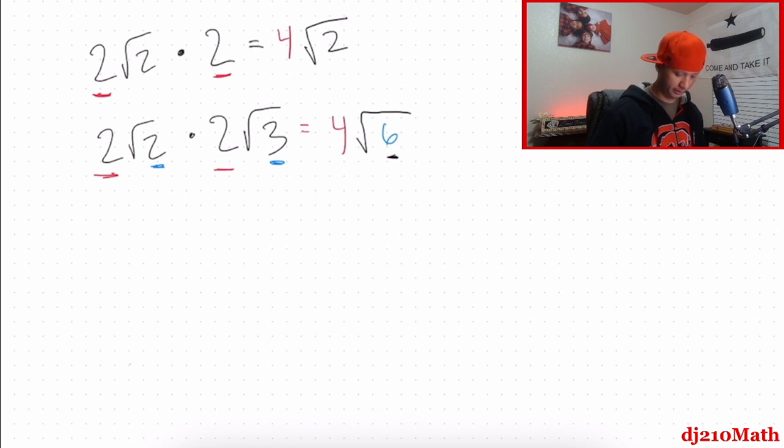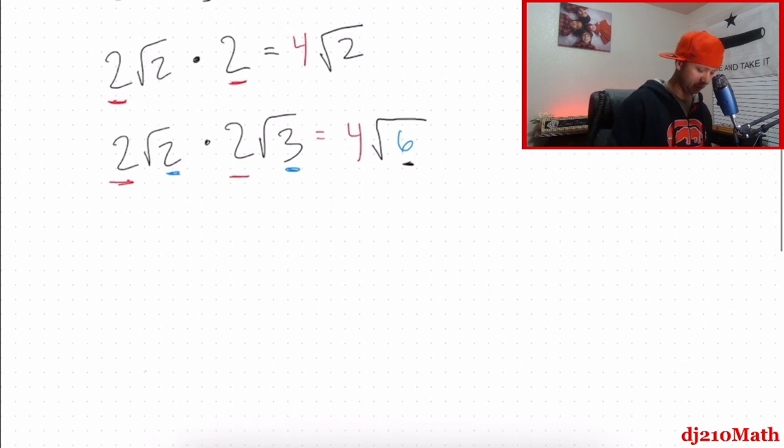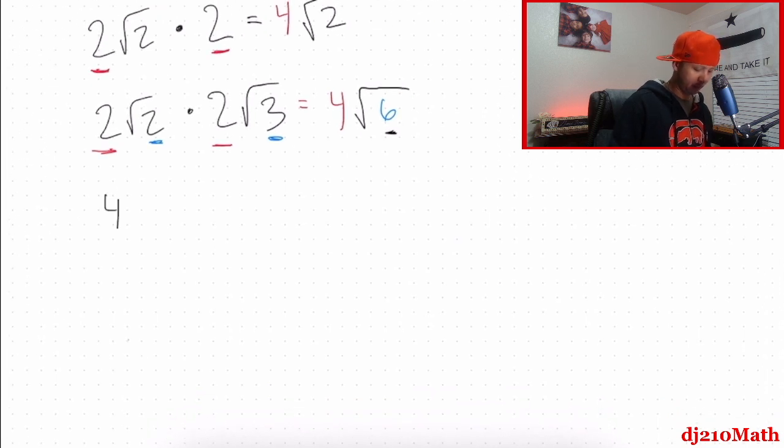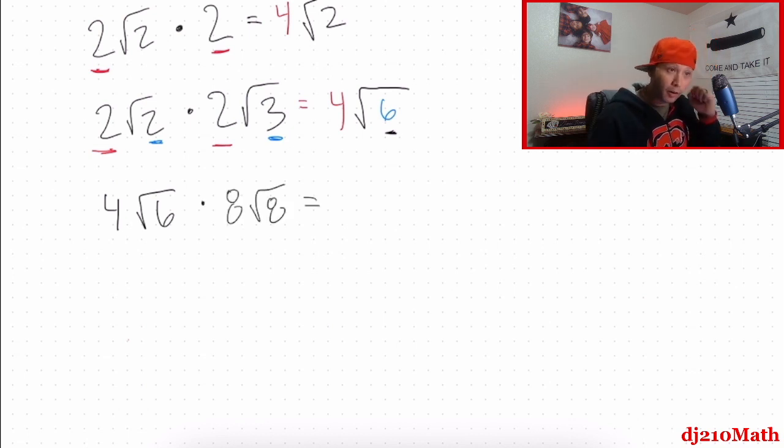All right, if we try a slightly more difficult number, and I'm purely making this up, so 4 root 6 times, I don't know, 8 root 8. There are a couple of ways to think about this. If you haven't done so already, I do have a video on simplifying radicals.